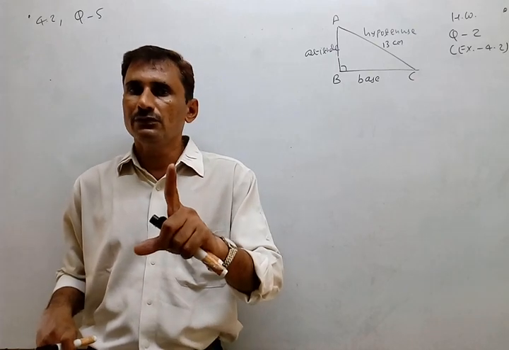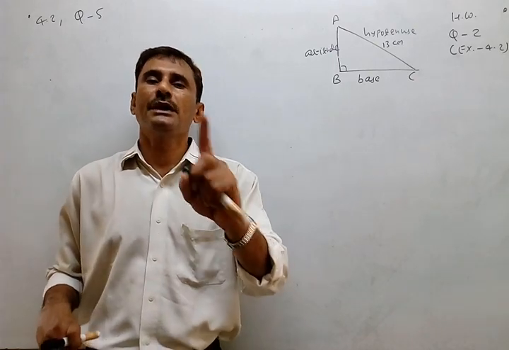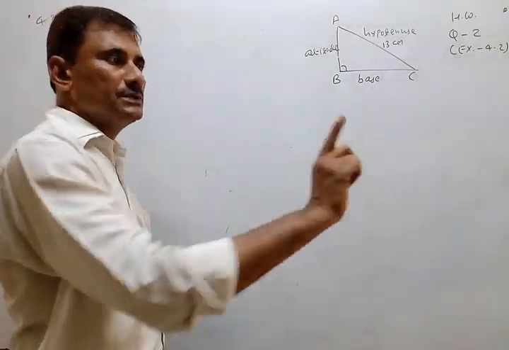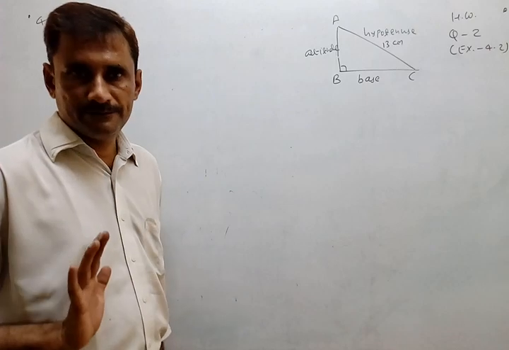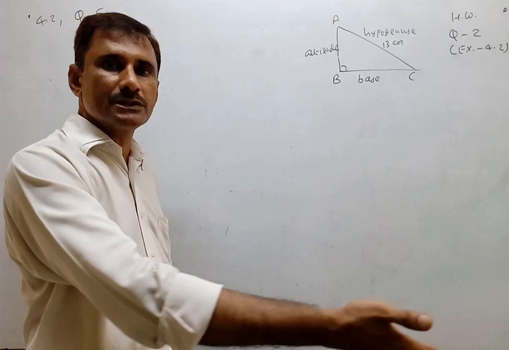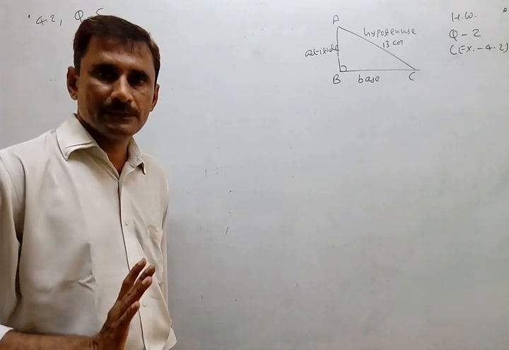At that time I told you, either you suppose breadth or length, any one. But whatever is given at the end of the statement, or at second position, that should be supposed.